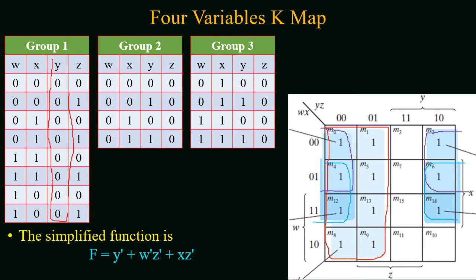So the corresponding term will be y prime. In group 2, the variables whose values are constant are w and z, and similarly in group 3, the variables whose values are constant are x and z. So the simplified function will be y prime plus w prime z prime plus x z prime.